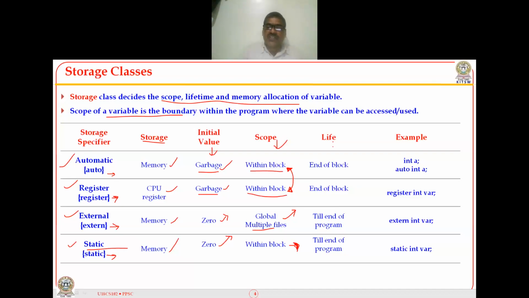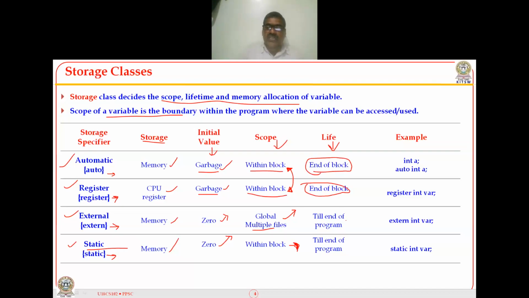Then coming to lifetime. The lifetime of a variable defines how long that variable's memory is active. The memory allocated for automatic variables will be destroyed once you come out of the block, at the end of the block. Similarly, register variables also last till the end of the block.